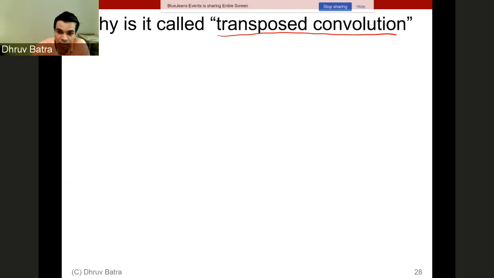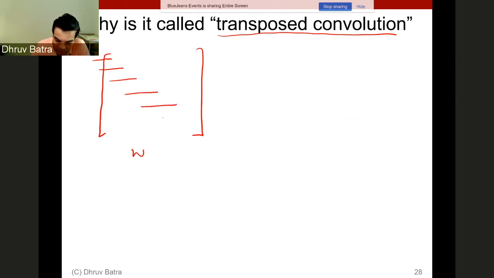The reason we're calling them transposed convolutions is this: think about this W matrix that we've been drawing, where it has one entry coming in and then two entries coming in, and the filter essentially sliding across the rows.